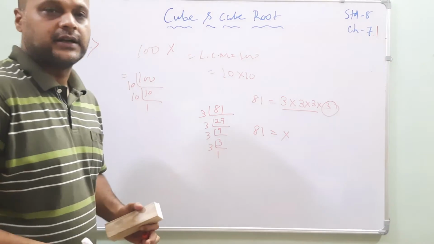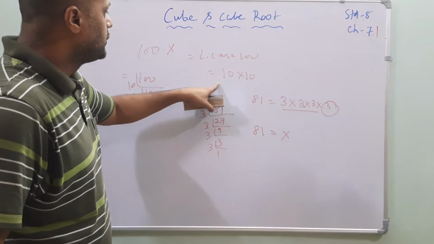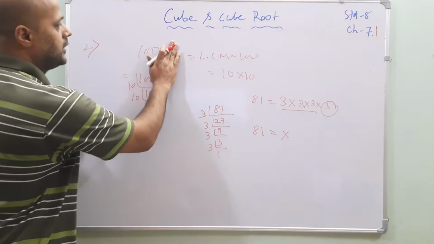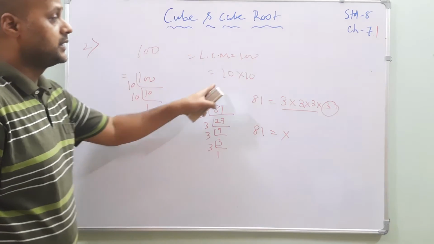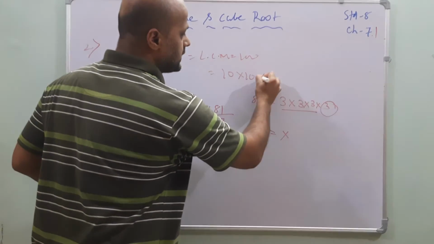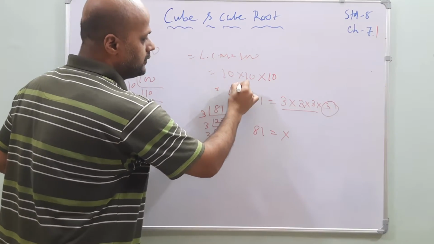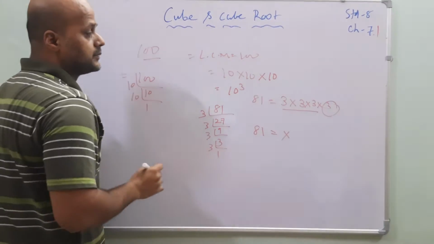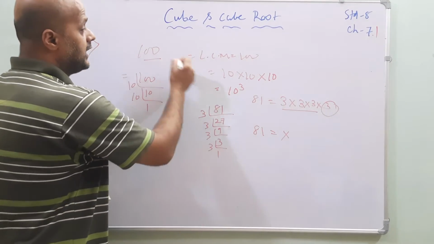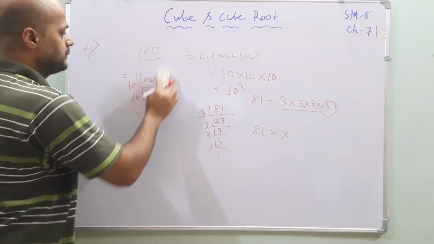As we discussed right now, to make a perfect cube of 100, what is the smallest number required? If I multiply by another 10, then this number is a perfect cube of 10, and the result is 1000.